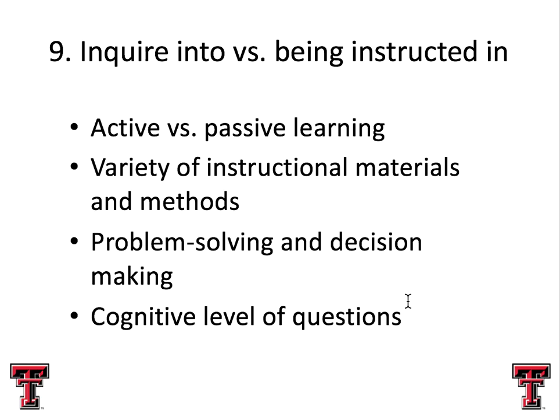But active learning is always better than passive learning, having them up and involved in doing activities, inquiring into, so letting them have inquiry, asking questions, discovering things is better than being instructed. So it's better than me just telling you about the information that I want you to learn.